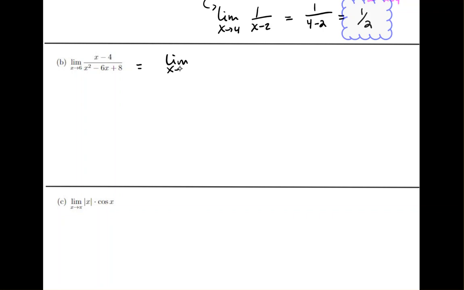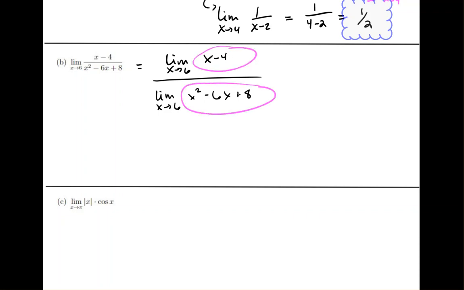So that's equal to the limit of the top divided by the limit of the bottom. And for a little bit of reasoning, we see this and this are both polynomials. What do we know about polynomial functions?